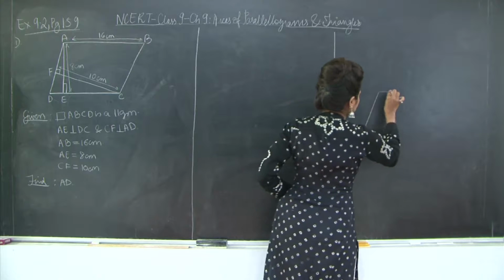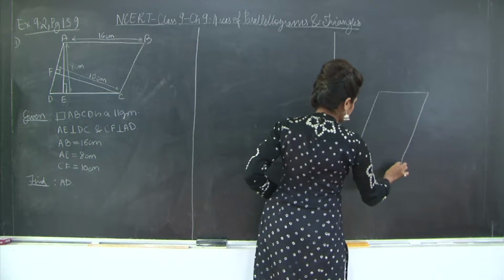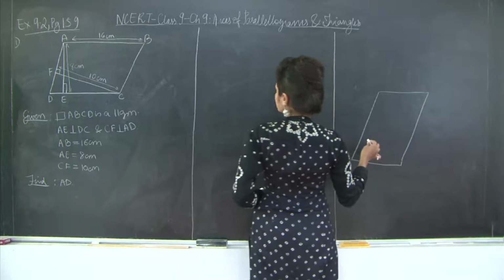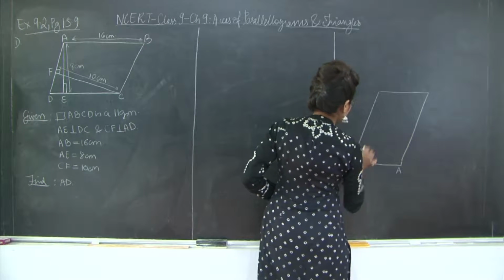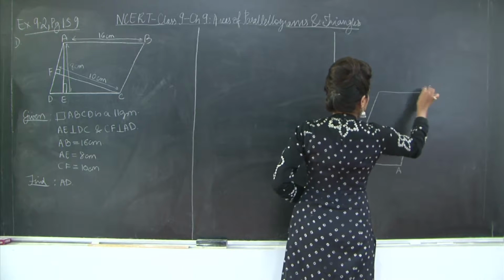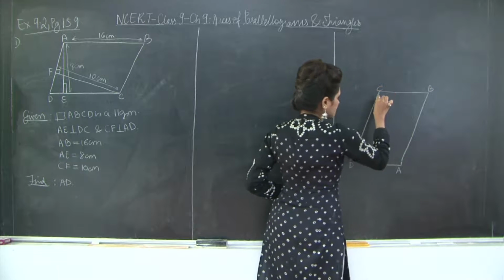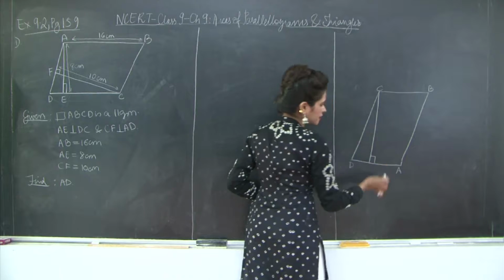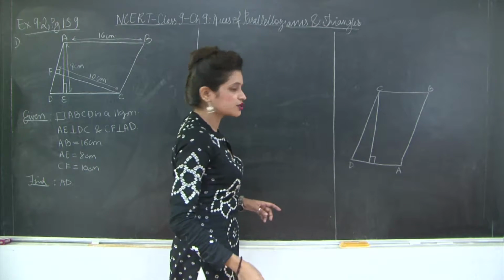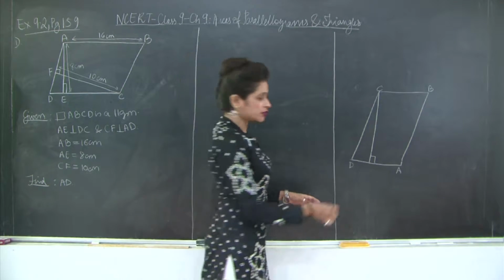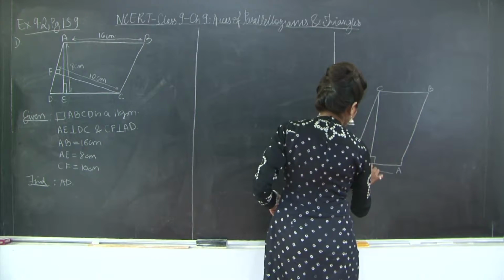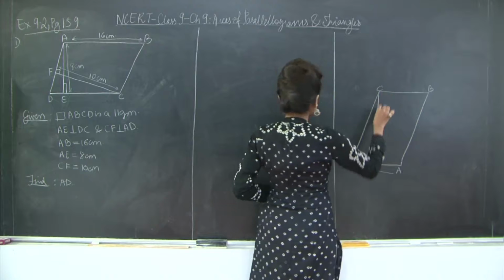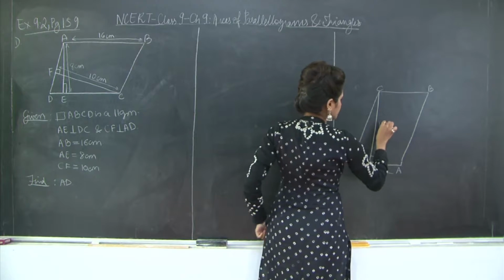So I am tilting it, suppose. AD, BC. So this becomes my height now and AD becomes my base. So again my area of parallelogram is going to be what? Base into height, which is going to be AD into CF. Correct? Now CF we know is 10 centimeters.